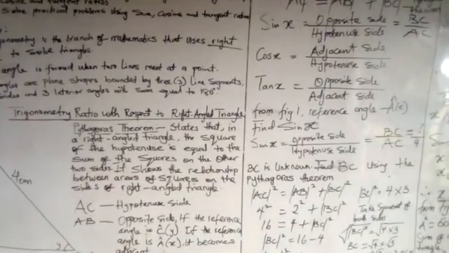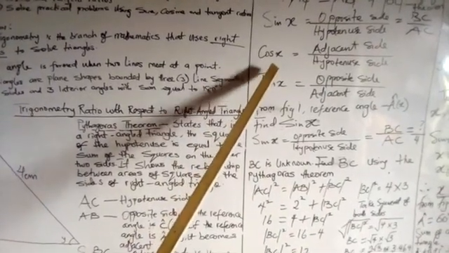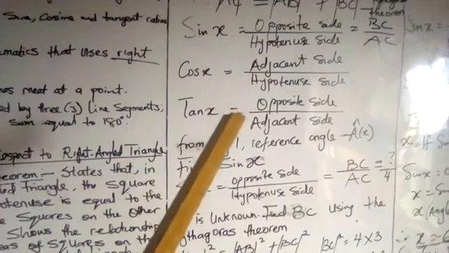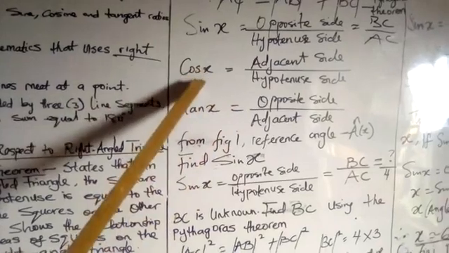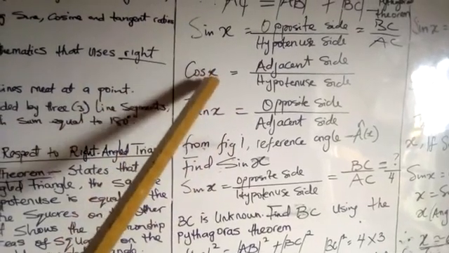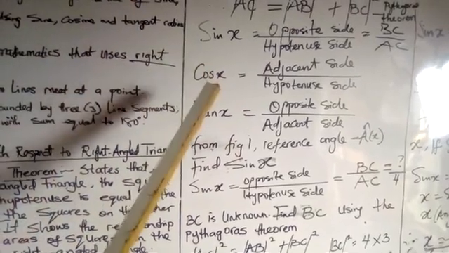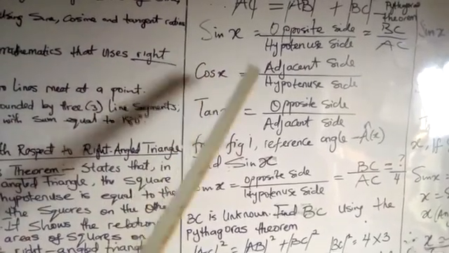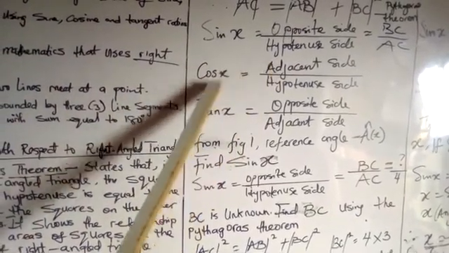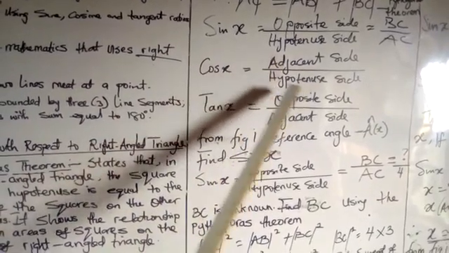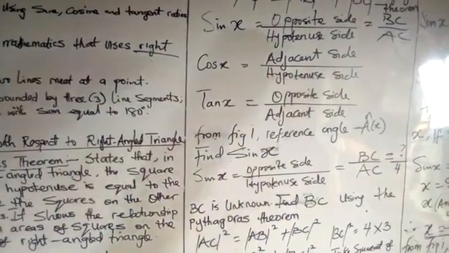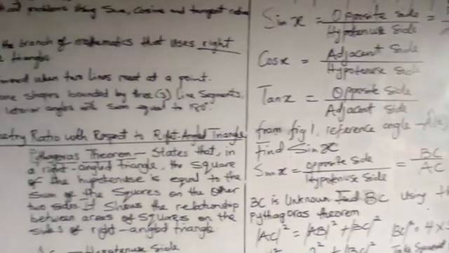Now if we consider cosine, don't forget our reference angle is X. The cosine ratio is adjacent side over hypotenuse.